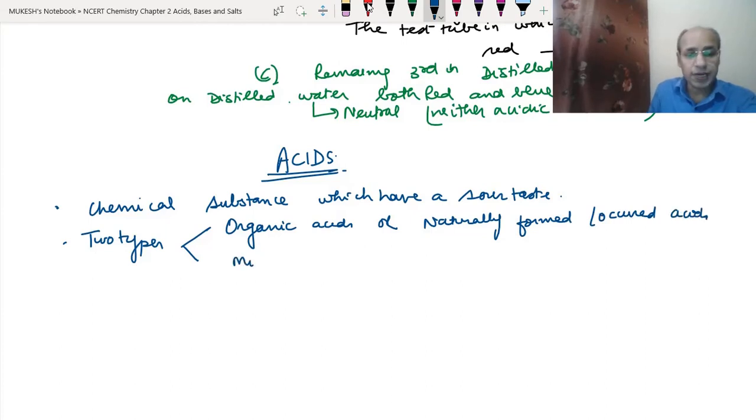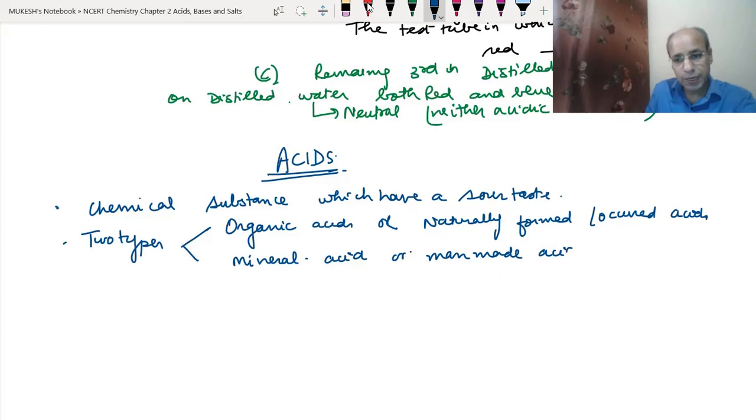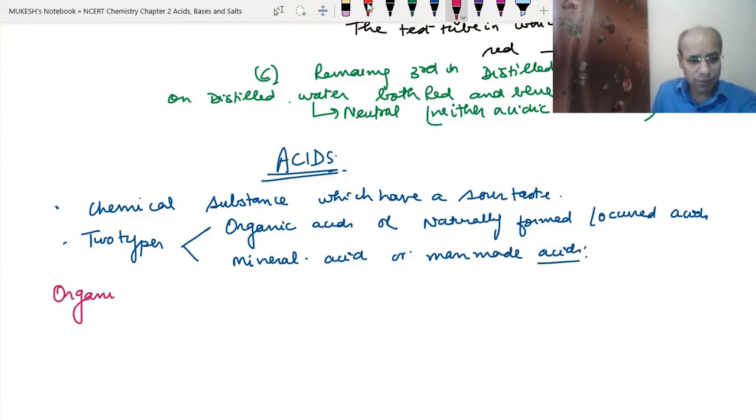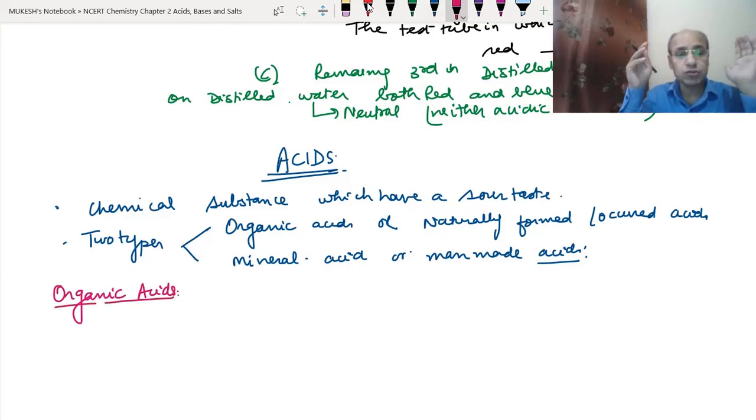Second, the mineral acids, which we make in the laboratory, or we can say man-made acids. Now let's first cover the organic acids. Organic acids are naturally found in living organisms, either animals or plants. That is why we call them organic acids.